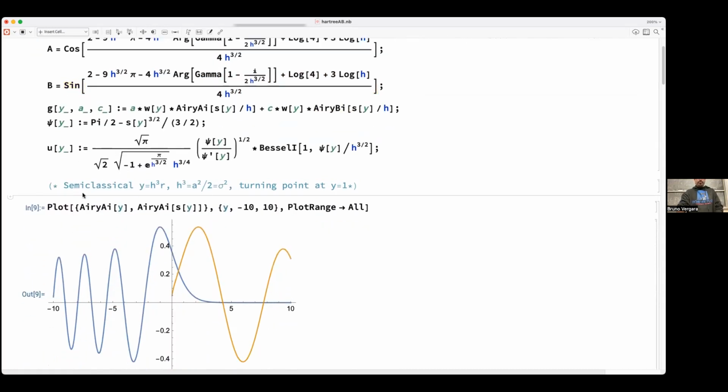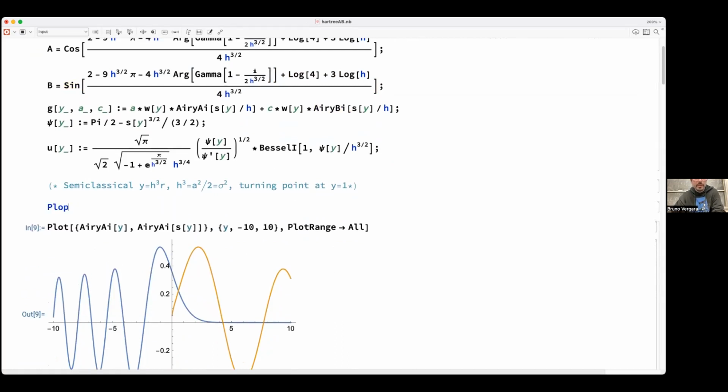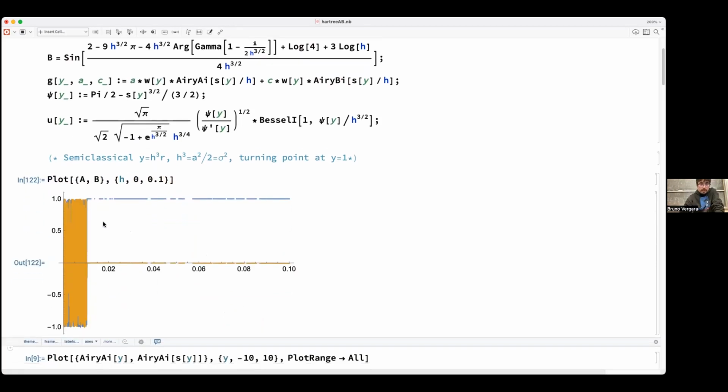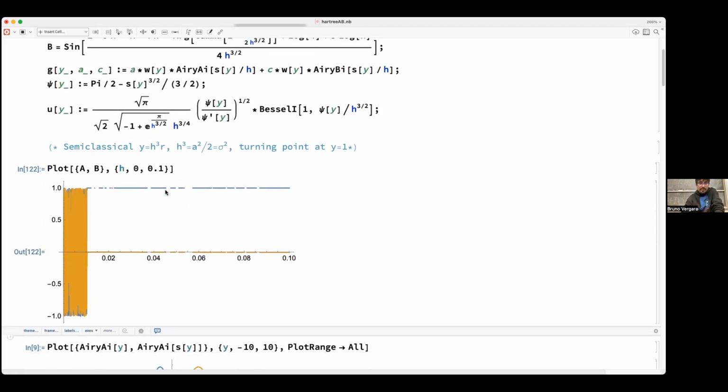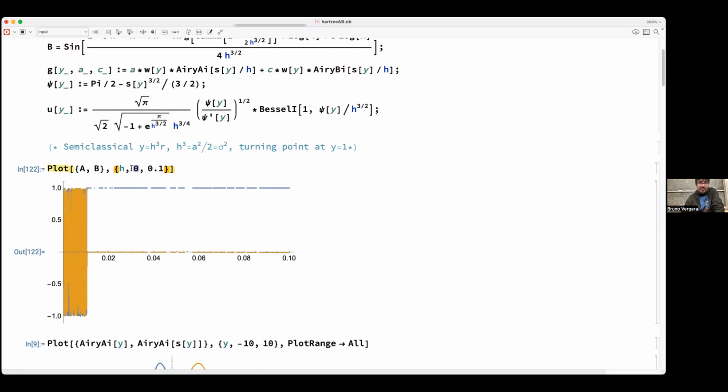You can do it here if you want. You have the expression there. In blue the A, in orange the B, let's say from 0 to 0.1 or something like that. Of course, the oscillation is a lot. So what could we do? Maybe start from 0.2.